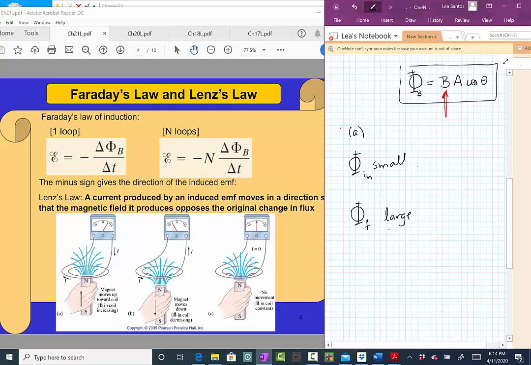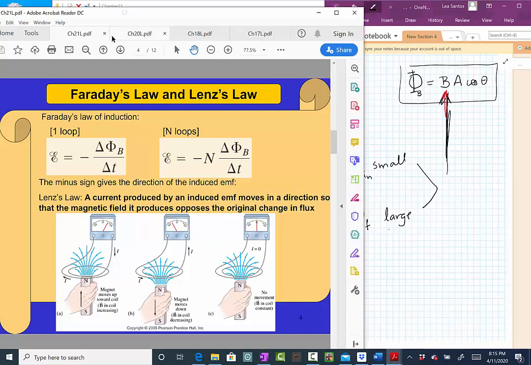So this change in magnetic flux causes the EMF, causes the current. This change in magnetic flux, in this particular example, was caused by a change in magnetic field. But let's see some other examples.